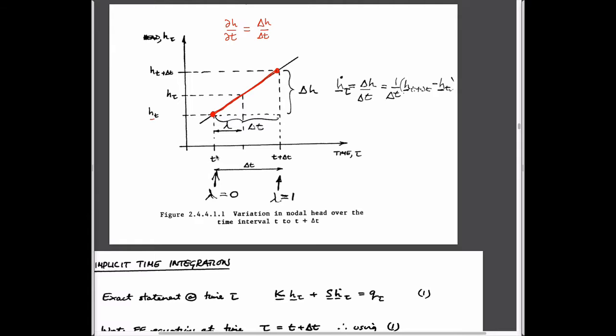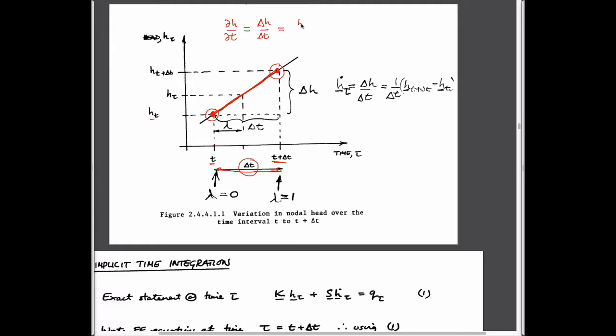And so if we are measuring the head at time t and some time t plus delta t, then clearly the difference between those magnitudes is some length delta t. And just by convention, we can write this partial differential out as the magnitude of head in the future minus the magnitude of head in the past divided by the time over which it happened.